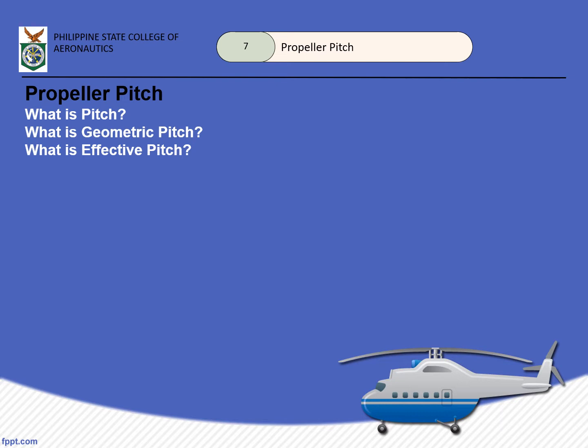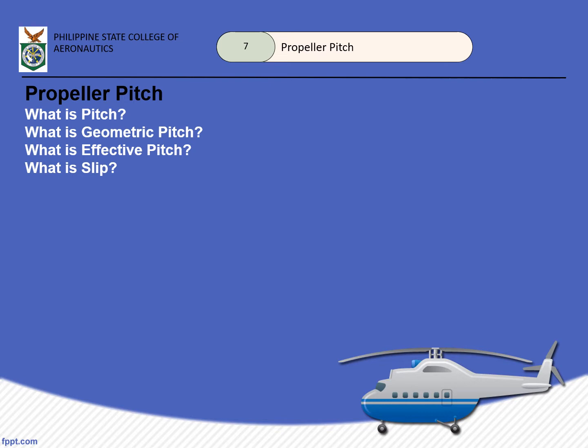So, always keep in mind, geometric is what? The theoretical, and effective pitch is the actual. So, ang pinaka-difference nila is what we call the slip. Slip is just the difference between geometric and effective pitch, which is our theoretical and actual pitch.